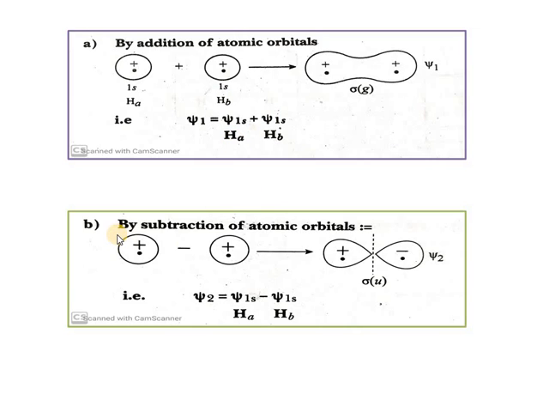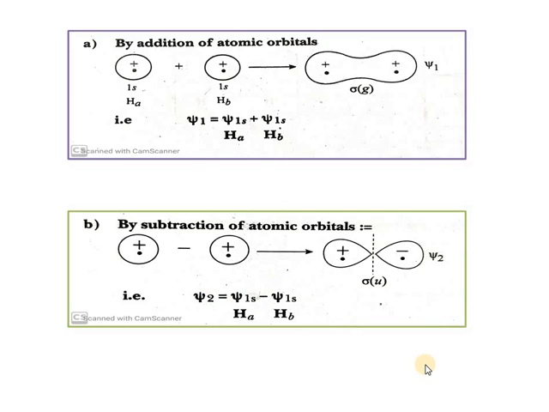The other molecular orbital forms by subtraction: psi2 is equal to psi 1s minus psi 1s of the other hydrogen.